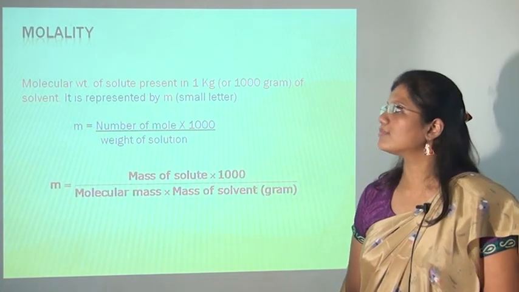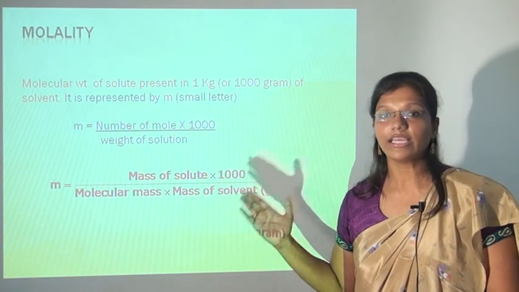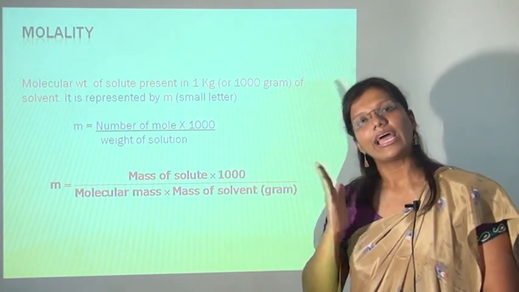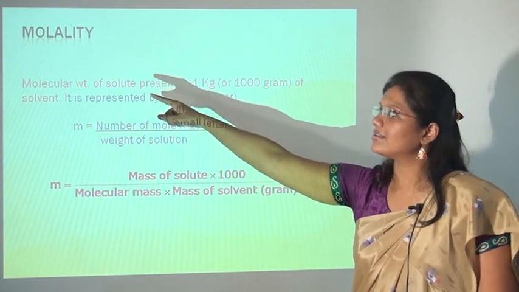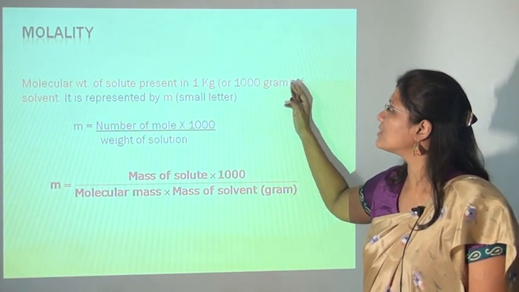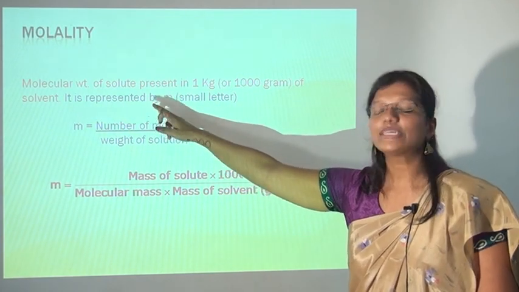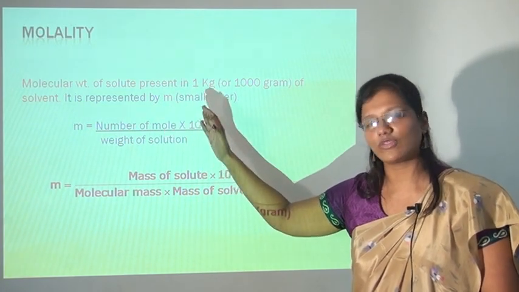The next term after molarity is molality. Here the difference is that there you take 1 liter, while here we take 1 kg. The molecular weight of solute present in 1 kg or 1000 grams of solvent is known as a 1 molal solution, or the molality of that solution.